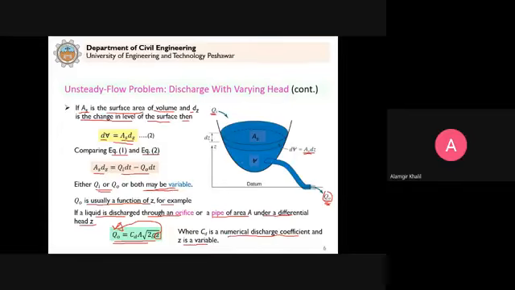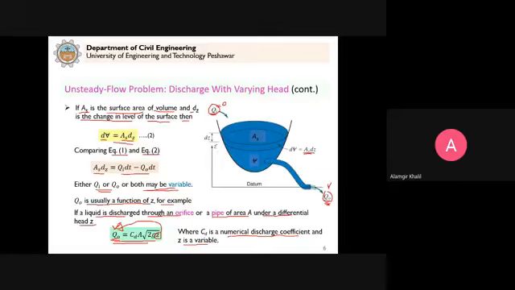So if you keep the head constant, if Z is constant, what will be the discharge outflow? It will also be constant, correct? So in that case, Qi will not be variable. But let's say we have a tank or reservoir, and Qi is 0. Let us assume Qi as 0 and you have Q naught.